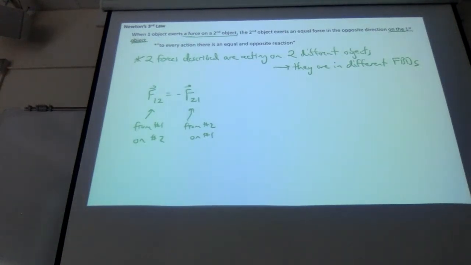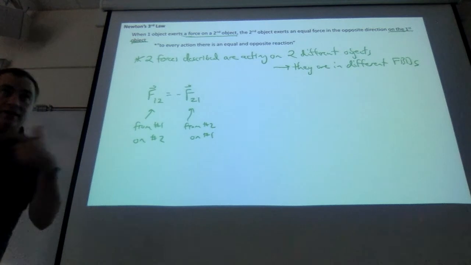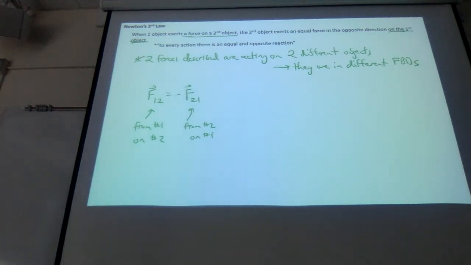The vectors are the same, except one has a negative because they're pointing in opposite directions. That's not too bad, right? I'll show you how it plays out in problems, but not until a week from Tuesday, before that'll actually occur.